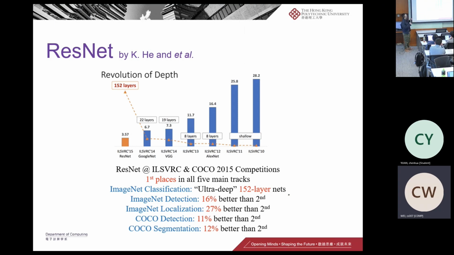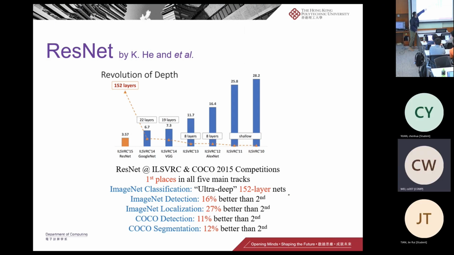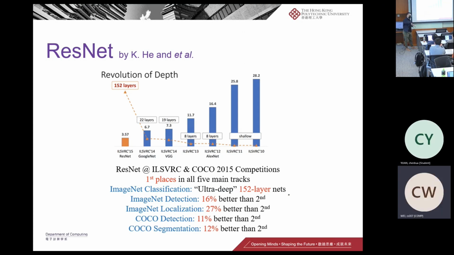But they were very conservative at that time in stacking layers, something around 20. By putting in more than 20 layers, you probably get a performance drop there. So what's the reason? Why did that happen?